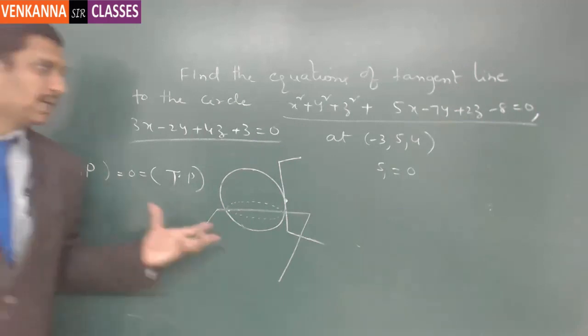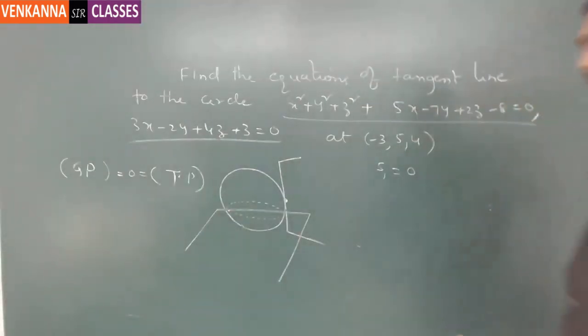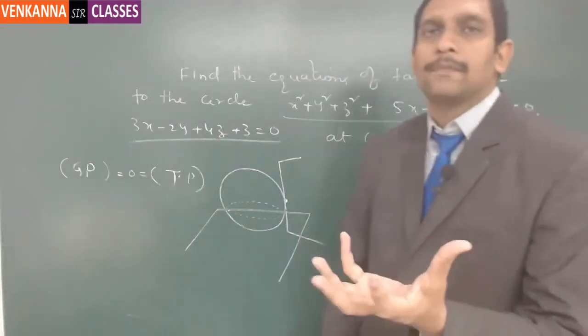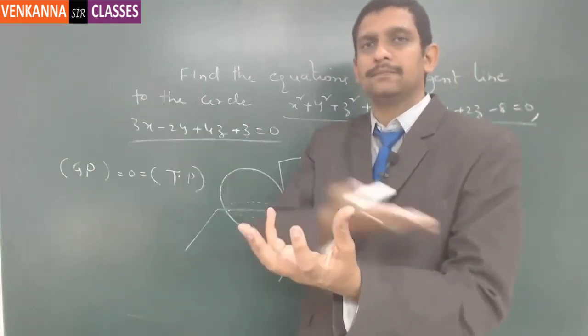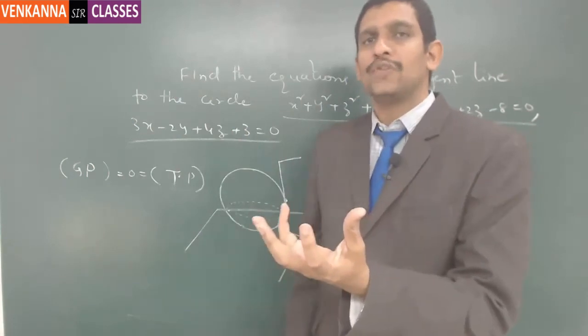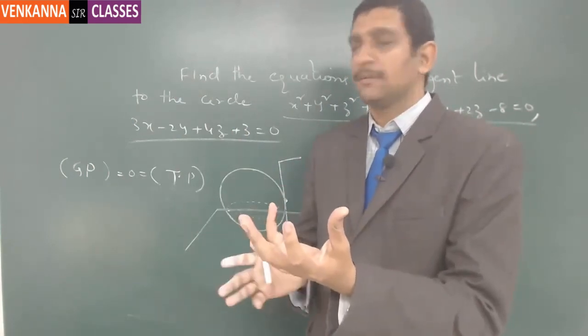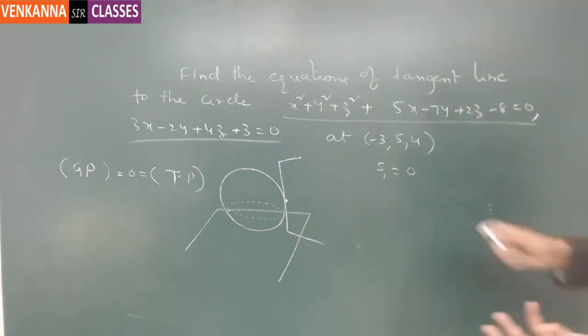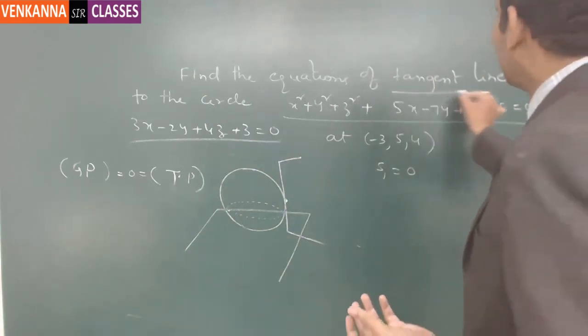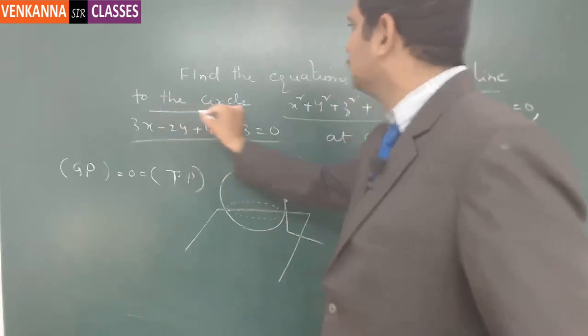So it is just like, suppose you have taken a ball and the ball is cut by a plane. So you will get a circle. You just forget about that, and please understand that the tangent line is to the circle.